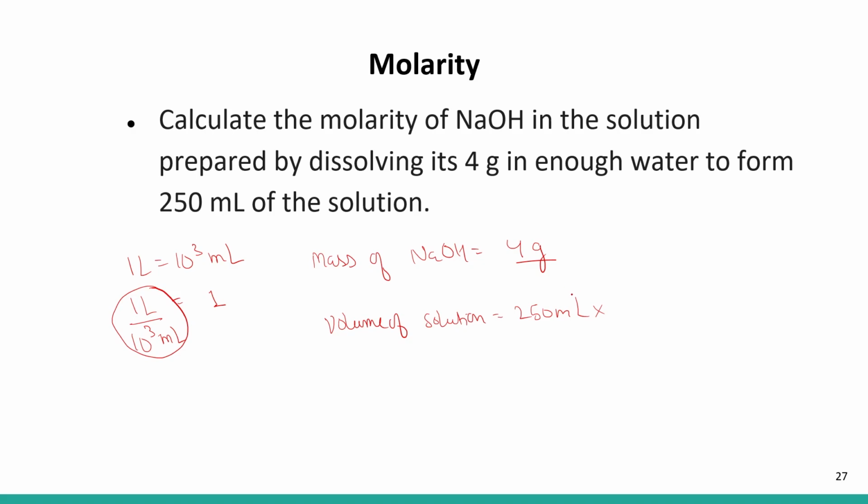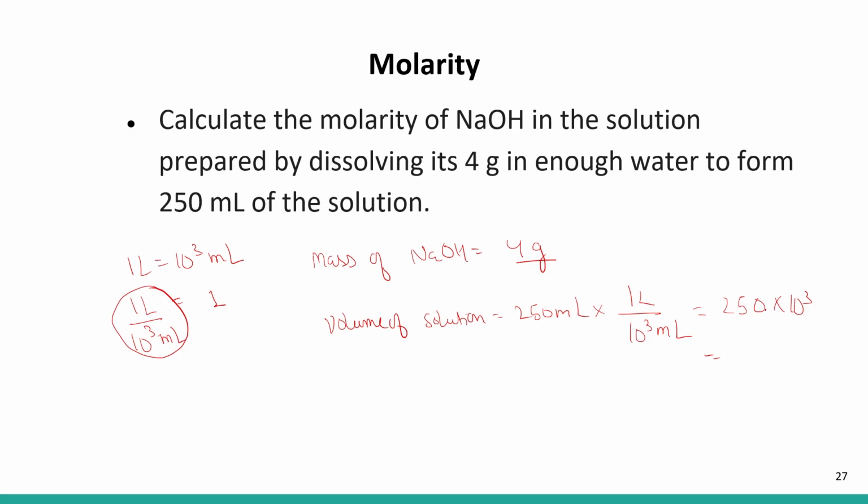Since we need to convert it into liter, we keep the milliliter down. So 1 liter by 10 to the power 3 milliliter. This milliliter will get cancelled out, not in the literal sense, I always take it in a tricky way. So 250 into 10 to the power minus 3. Now you can convert it into scientific notation. You must do these things in each and every question because it will sharpen your basics.